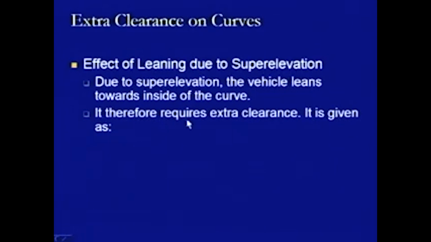It therefore requires extra clearance, and this extra clearance is given as lean equals h into E divided by G. So, this is how the value of the lean can be computed, where E is the super elevation which is provided, G is the gauge which is provided here, and h is the height of the vehicle which is trying to negotiate the curve where the super elevation E is being provided.